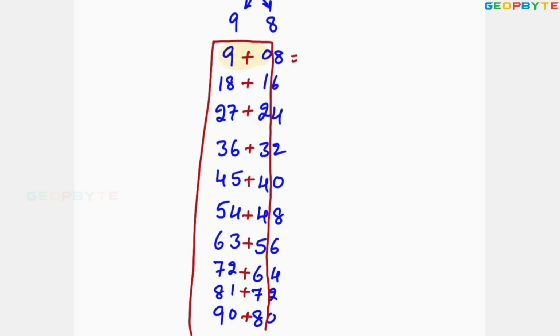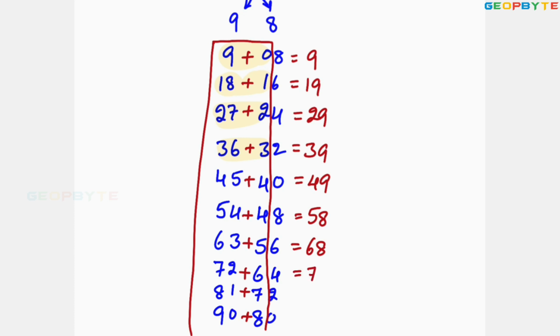9 plus 0 is 9. 18 plus 1, 19. 27 plus 2, 29. 36 plus 3, 39. Like this, 49. 54 plus 4, 58. 68, 78, 88, 98.